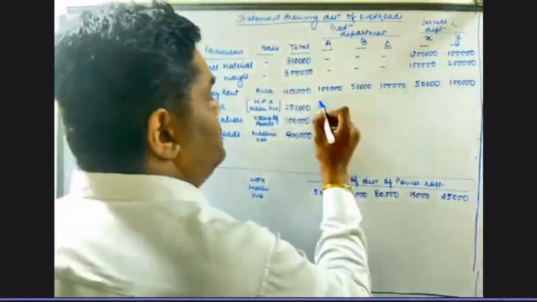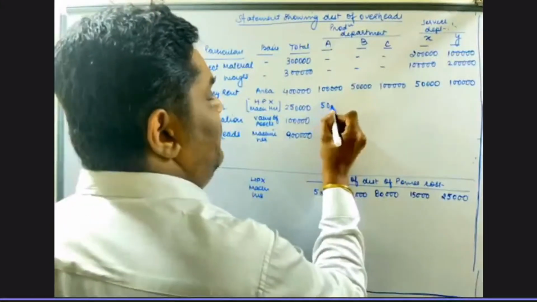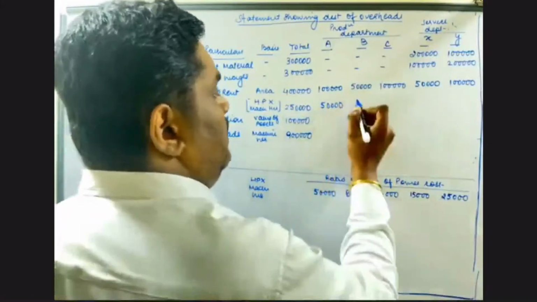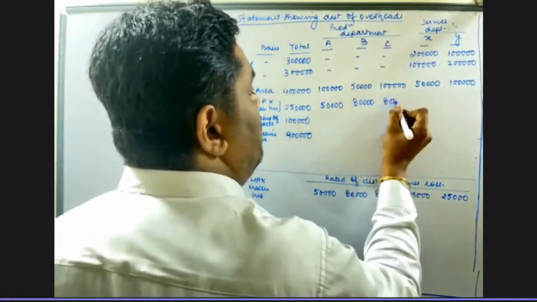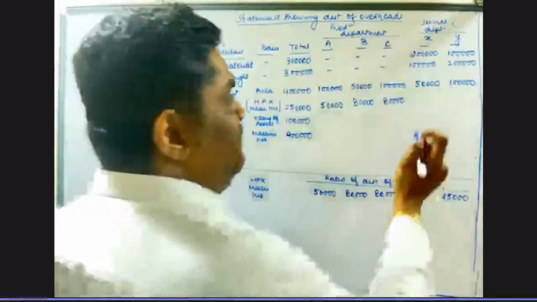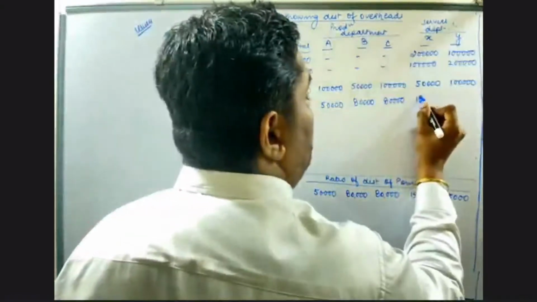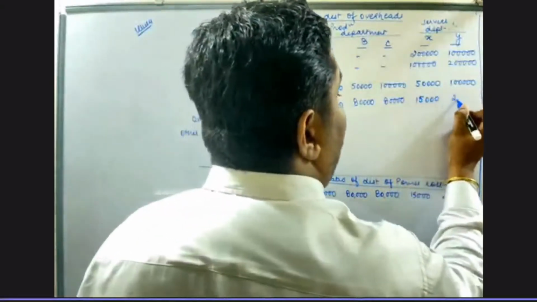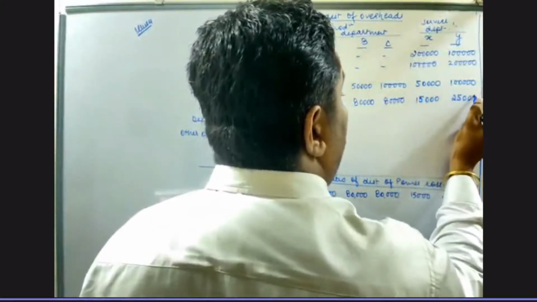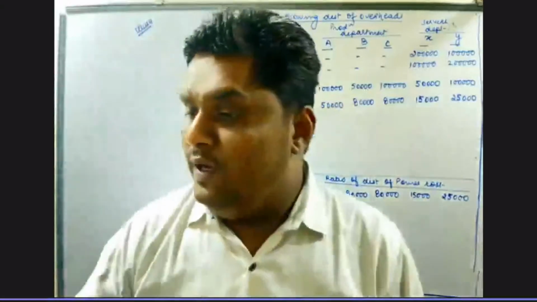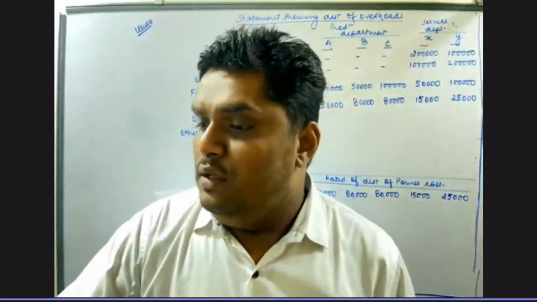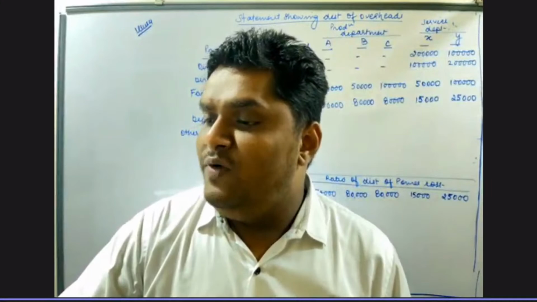So these figures will remain the same, that is 50,000, 80,000, 80,000, then 15,000 and 25,000. Thereafter, when talking about the depreciation, it will be distributed in the ratio of value of assets.